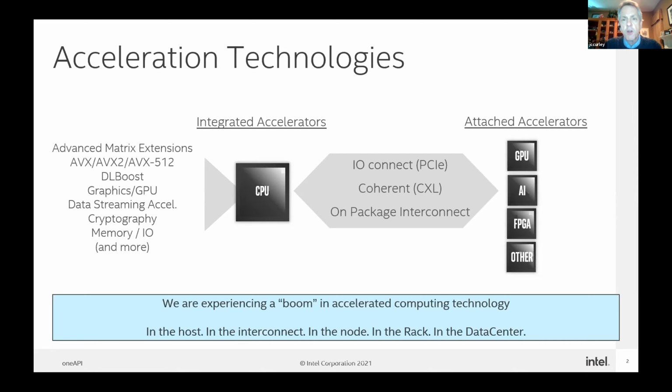Some devices will appear to be part of the microprocessor through on-package high-speed interconnects. In fact, our upcoming GPU, codenamed Ponte Vecchio, will have a combination of both interconnect on a single package as well as stacked interconnects. We call these technologies EMIB and Foveros. Inside our microprocessors, things like advanced matrix acceleration will start to show up.